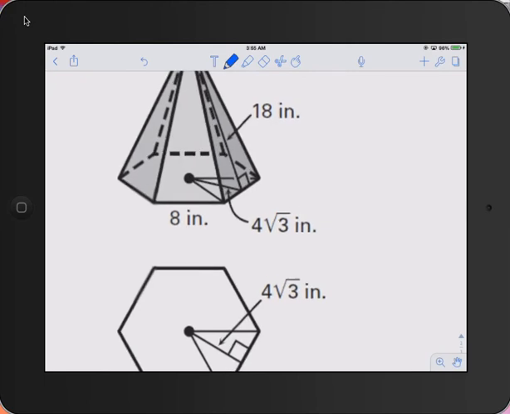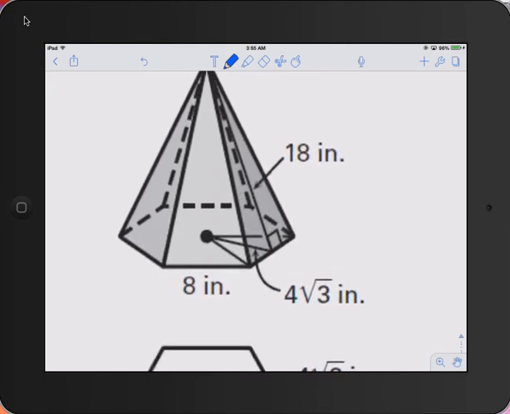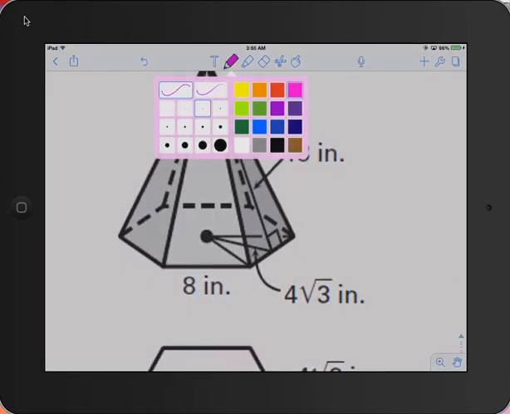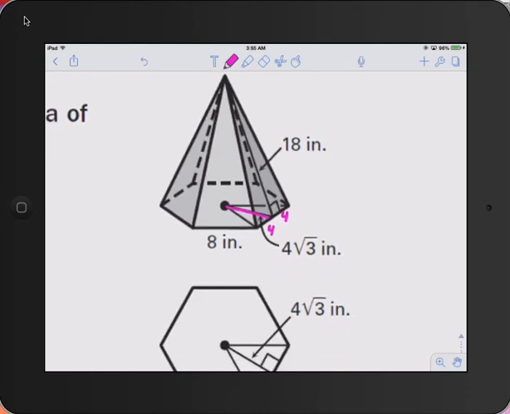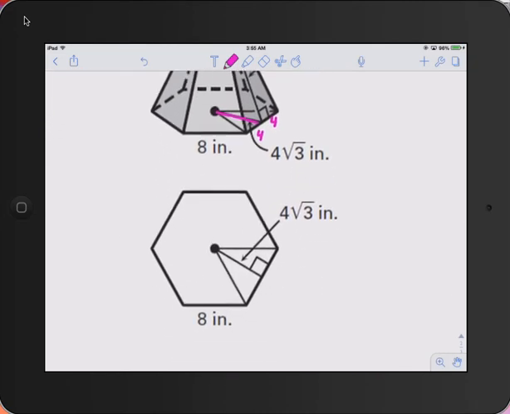You'll know that because this is regular, when you draw in your apothem here, it's going to cut the 8 into 4 and 4. And so on this hexagon, that's 8, this is 4. You've got a big angle measure of 60 degrees, which makes this 30, 60, 90. So it's a 4, 8, 4 root 3.